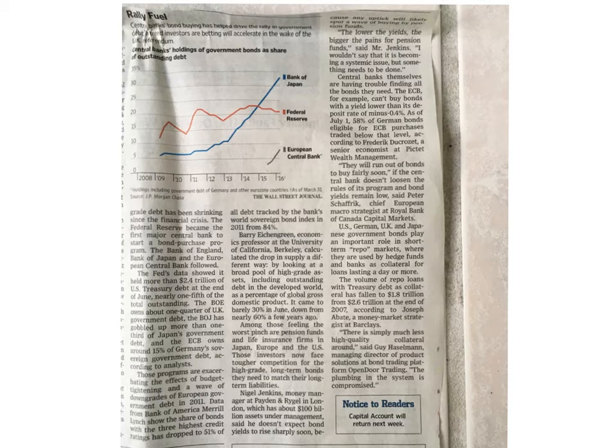So what you have is this problem: for interbank lending to be easy, and for there to be liquidity in the interbank lending market, and for all of that to work properly and quickly and efficiently, there needs to be a sufficient number of high quality government securities to serve as collateral.